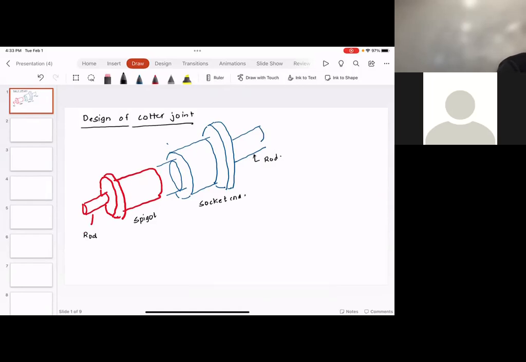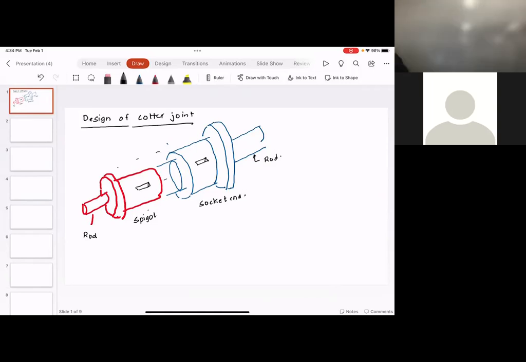And then you have a hole, and what happens is this spigot end goes inside the socket end, and the collars, as you can see, they match, and then you hammer a quarter through it.